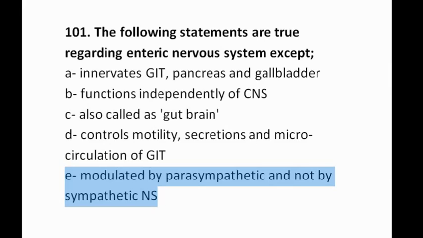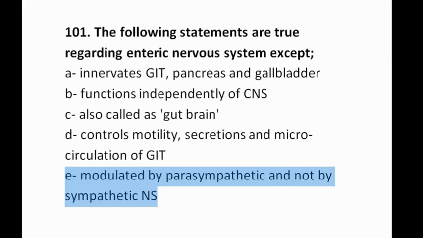fight or flight mode, the sympathetic nervous system will divert the blood flow from the GIT towards the areas where the blood supply will be needed much more, that is to skeletal muscles and liver and other areas, which will be actually highly useful during the flight or fight mode.